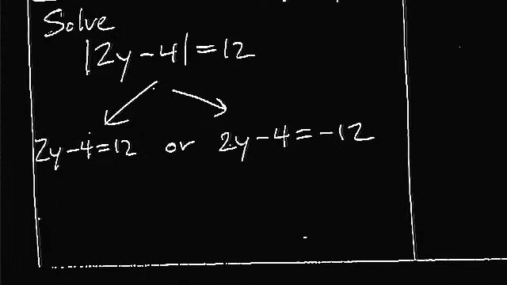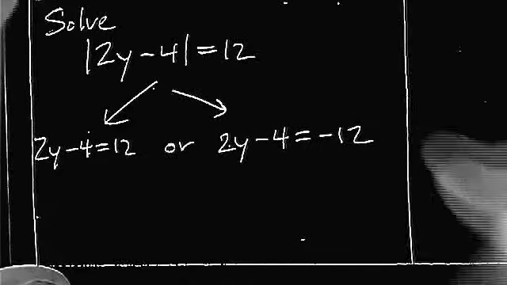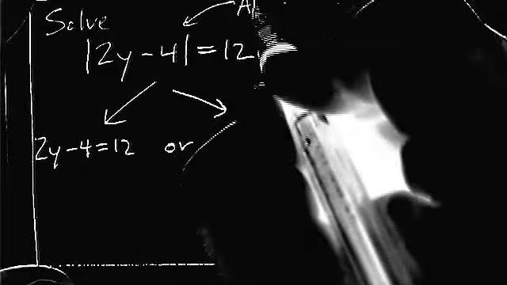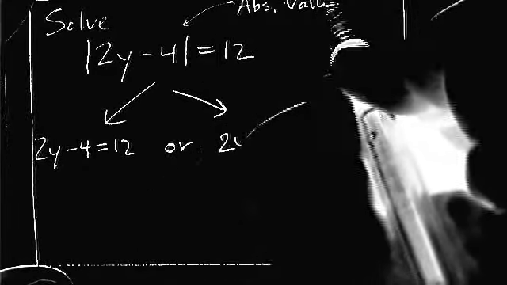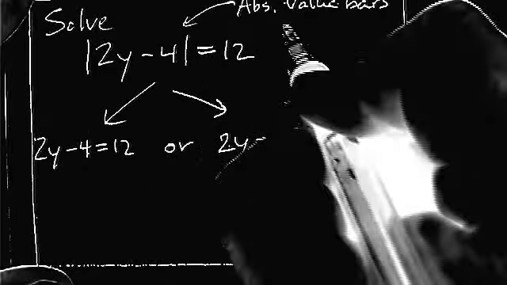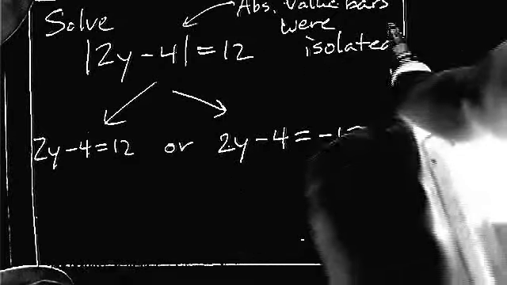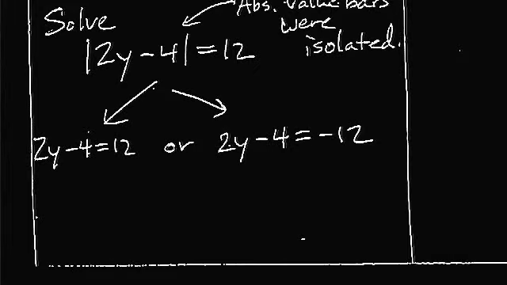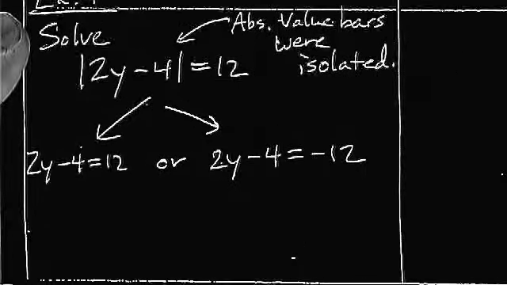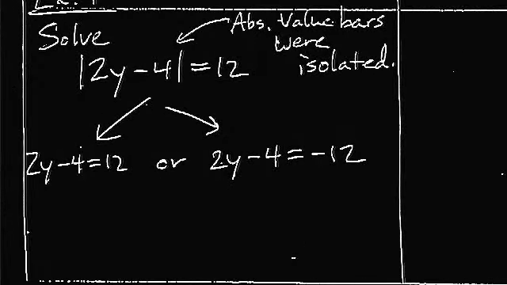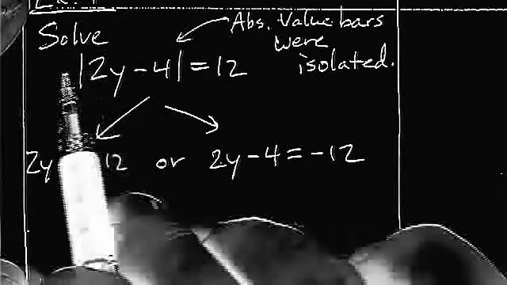Now the only reason we could do that little trick was because the absolute value bars were isolated. That means they were by themselves. And what do I mean by that? I mean there's nothing being multiplied times this.